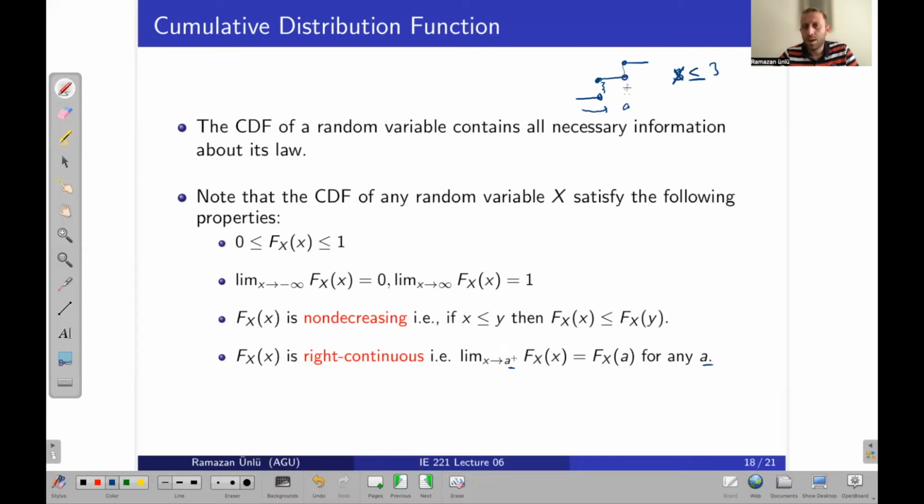I mean, when I get to a here, these two values, let's say this is x and this is x star, will not be the same. But if I reach a from the right-hand side, these values will be the same. That's why F(x) is right continuous, but not left continuous.